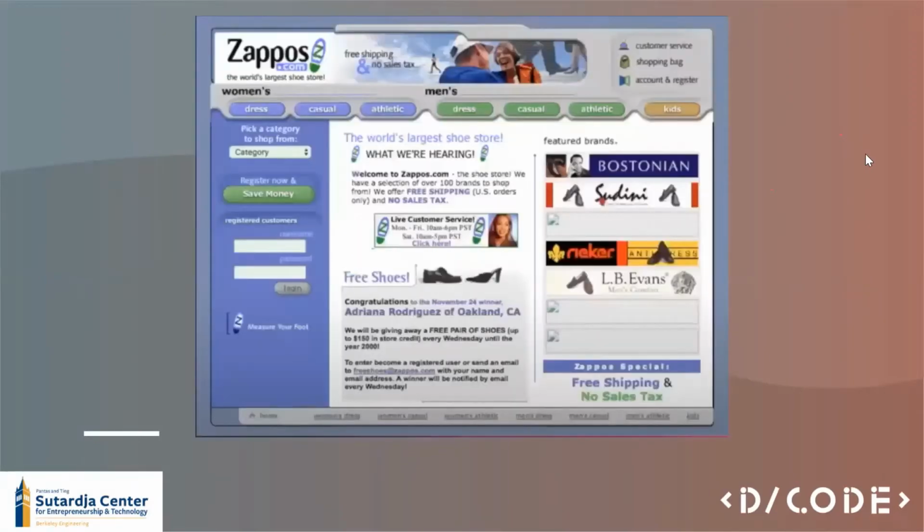Next up, another example is Zappos, the online clothing and shoe retailer. The founder's MVP concept came when the company actually had zero inventory. They were advertising shoes that they didn't have in their own inventory, which is a little counterintuitive.